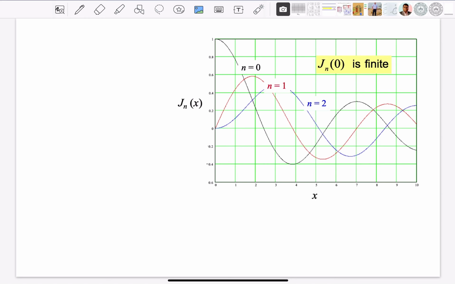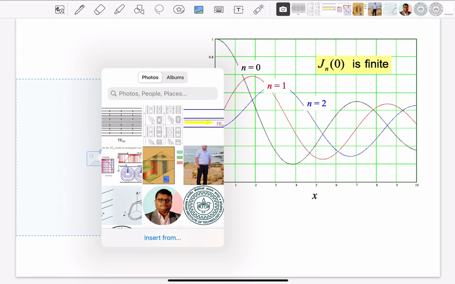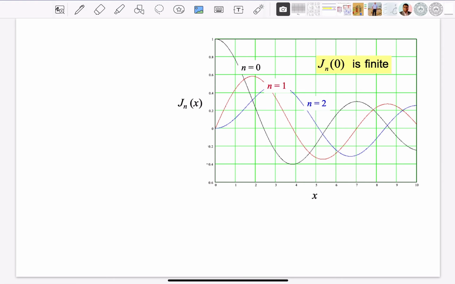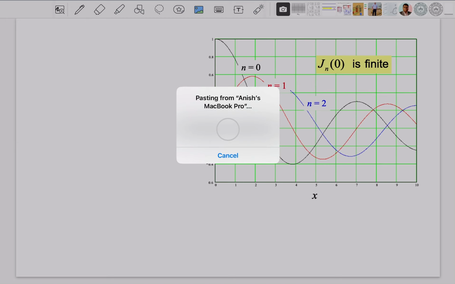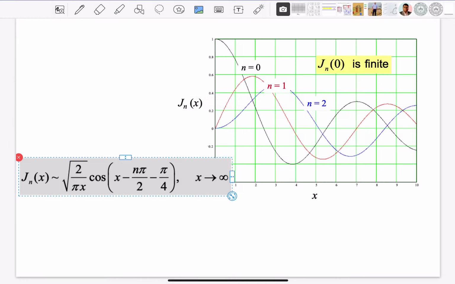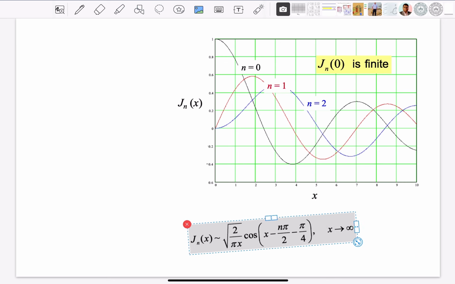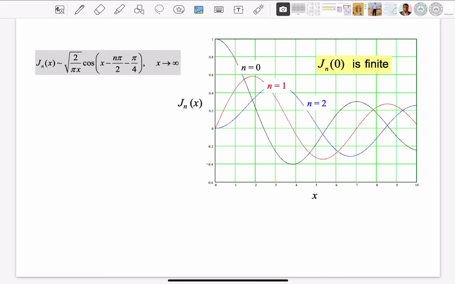Now here you see J0 is a finite value. It is defined like this: square root of 2 by pi x, cos of x minus n pi by 2 minus pi by 4, when x is tending to infinity.